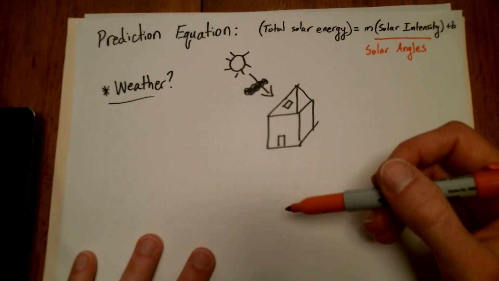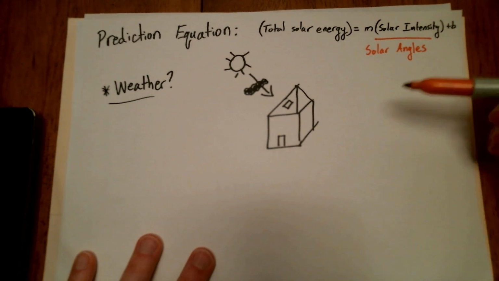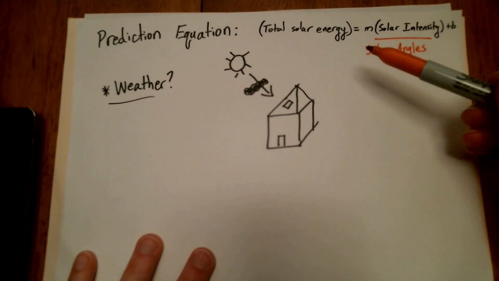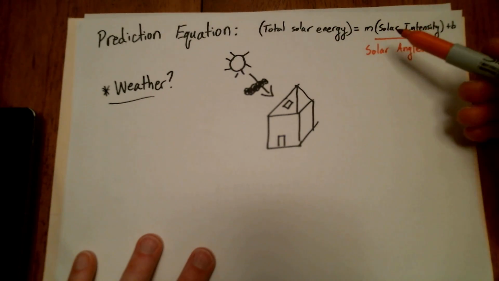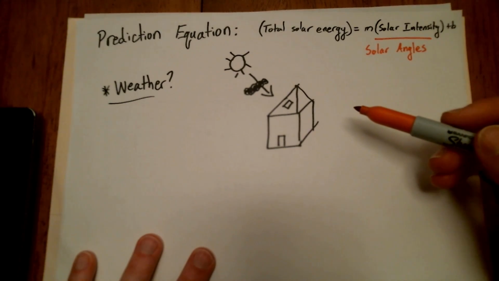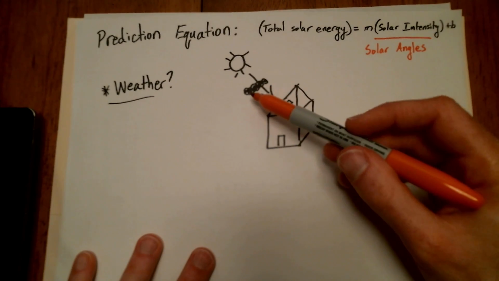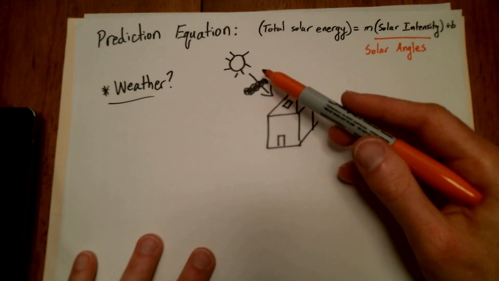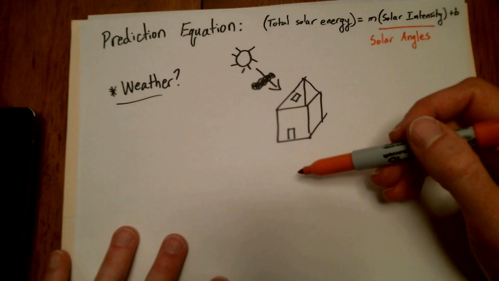So what we're essentially going to be doing here is we're going to use the same prediction equation, because this equation seems to work pretty well. We're just going to modify the solar intensity that we put in here by taking into account the fact that not all of my sunlight actually makes it through my clouds.